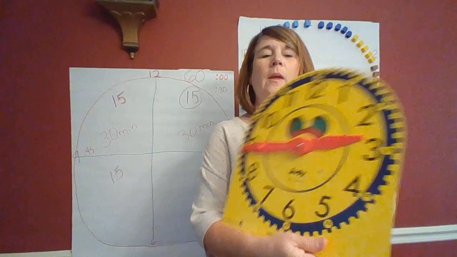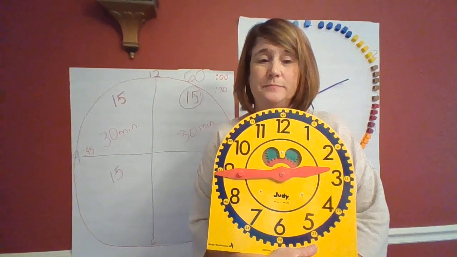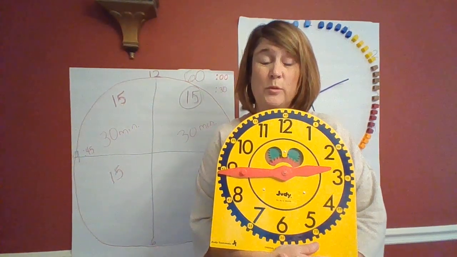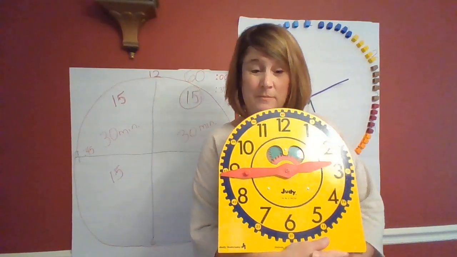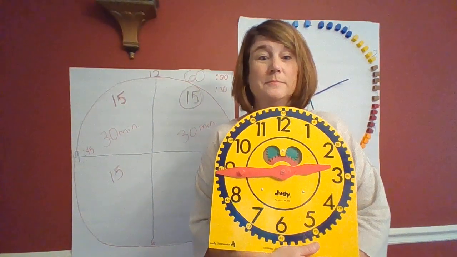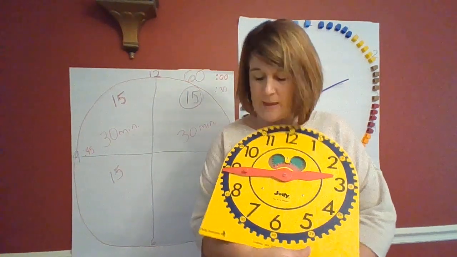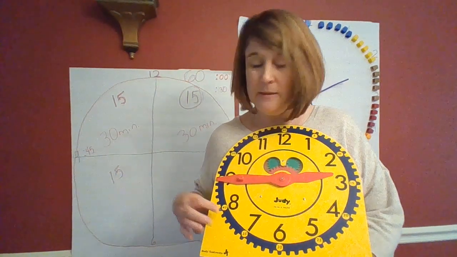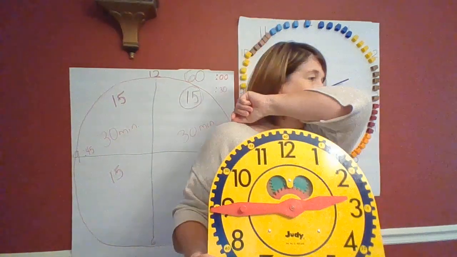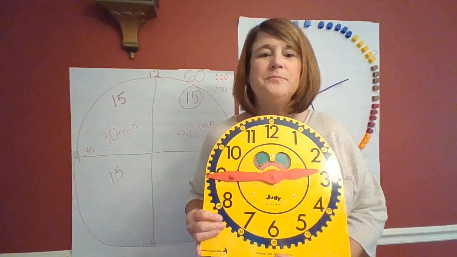If you look at mine, I've set my clock for 2:45. It's almost recess time. Look over here at that hour hand. What happened? I need to move it almost exactly. Sorry about that.